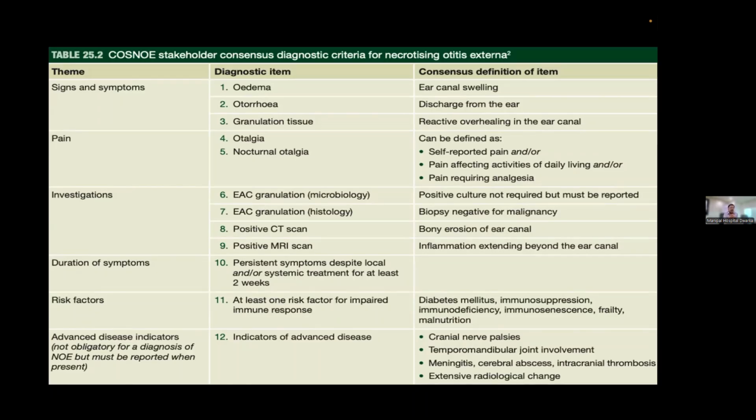Then in the investigation, we have external auditory canal granulations, microbiology and histopathology, then we have positive CT scan and positive MRI. Duration of symptoms for more than 2 weeks, and at least one risk factor for impaired immune response should be there. And again, these are basically the same diagnostic items that have been defined by the consensus guidelines.